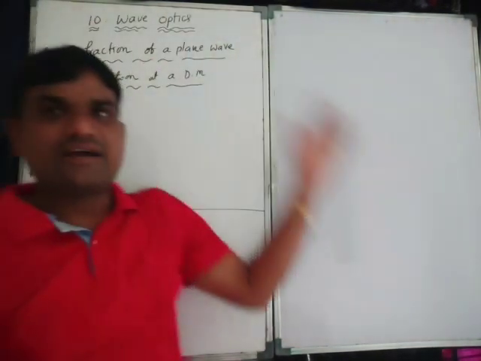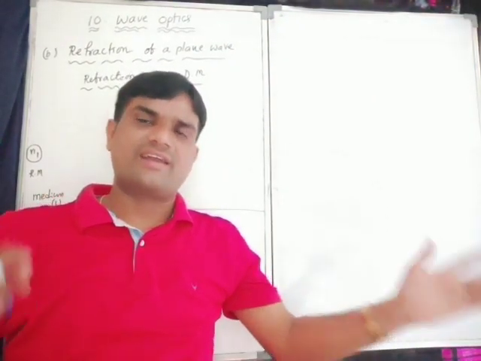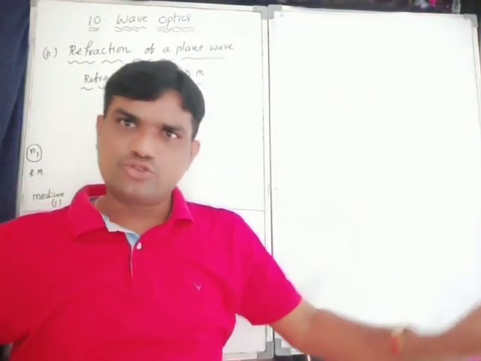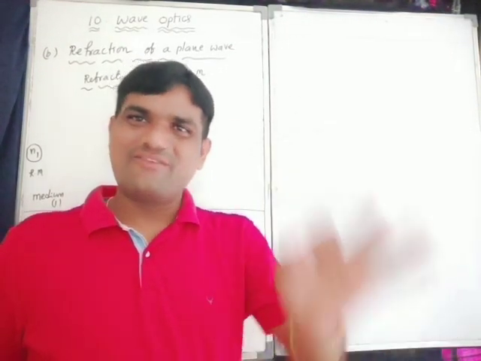Medium 1 is rarer medium, medium 2 is denser medium. The rarer medium refractive index I will consider N1, and the denser medium refractive index I will consider N2. Always remember, whether the light ray travels from rarer to denser or denser to rarer, denser medium I will always consider N2, and rarer always N1.